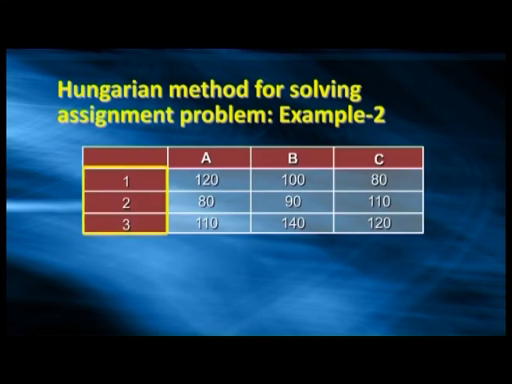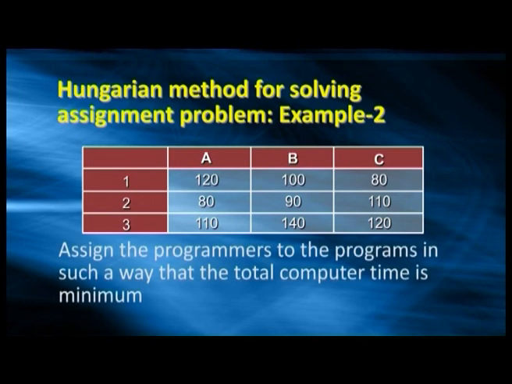Rows represent the 3 expert programmers 1, 2 and 3 and columns represent the application programs A, B and C to be developed. Values in the table represent the computer time in minutes required by the experts for the application programs. Assign the programmers to the programs in such a way that the total computer time is minimum.